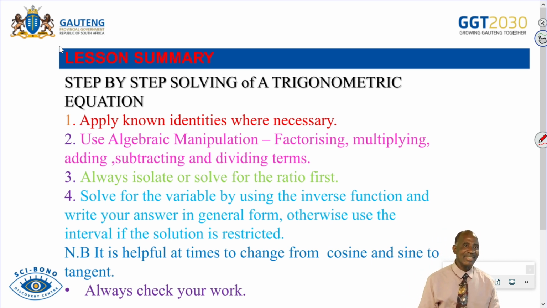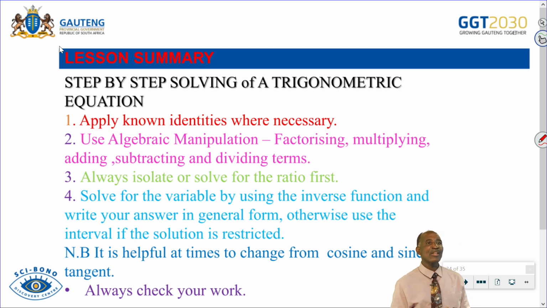Then we also had a look at a step-by-step solution of a trig equation. We said step number 1, you must always apply known identities when necessary so that you are able to simplify. Having substituted and simplified, you have to algebraically manipulate your equation, either in factorization, multiplying, adding, subtracting, and dividing terms.